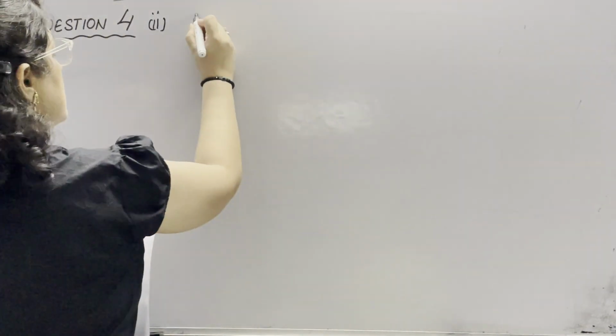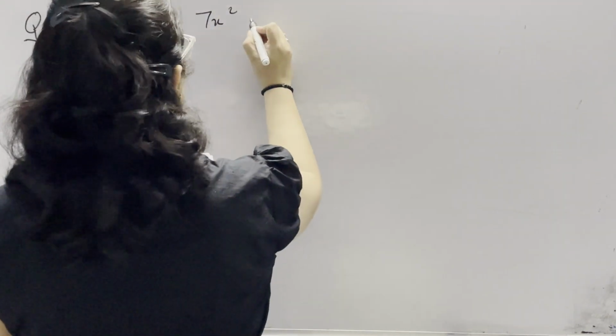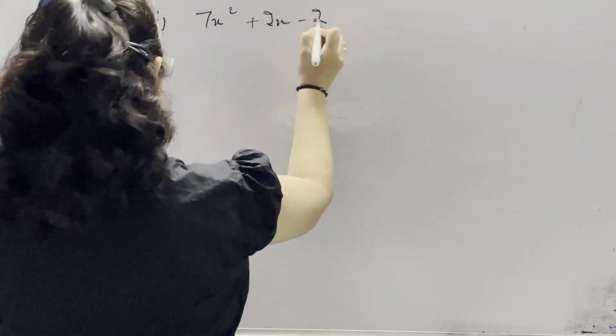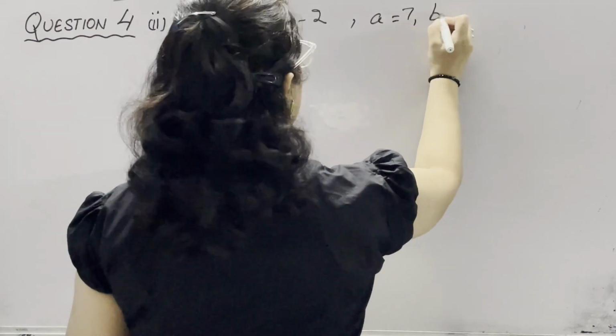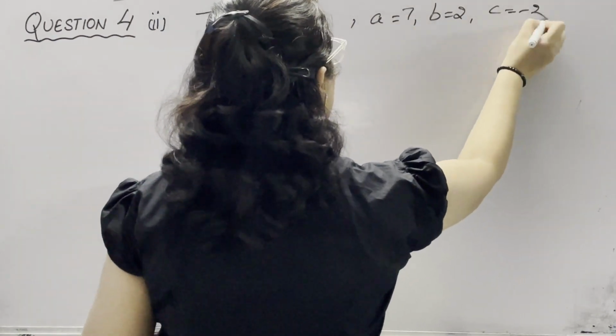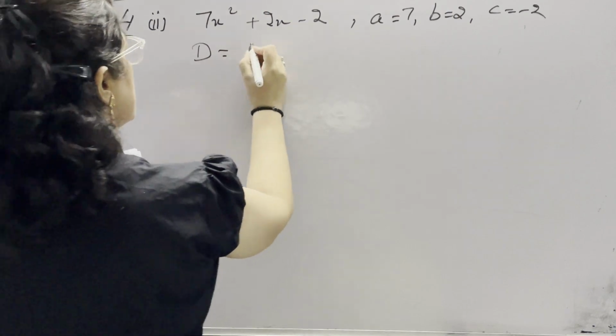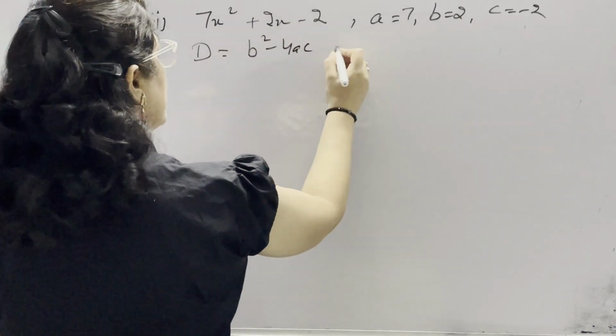In part 2, we need to solve the quadratic equation. Quadratic equation is given as 7x square plus 2x minus 2. Now, in this equation, a is 7, b is 2, c is minus 2. So, discriminant d is equal to b square minus 4ac.